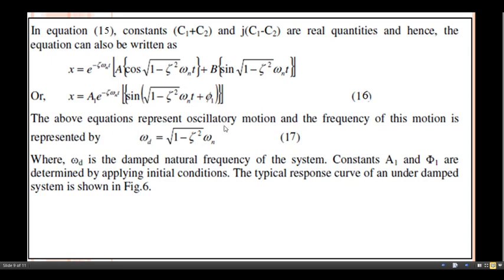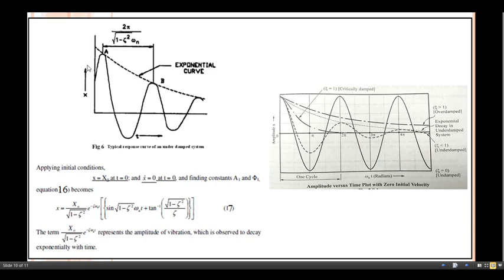The above equations represent oscillatory motion, and the frequency of the motion is represented by omega d equals square root of 1 minus zeta square into omega n, where omega d is the damped natural frequency of the system. Constants a1 and phi 1 are determined by applying initial conditions. The typical response curve of an underdamped system is as shown in figure number 6.